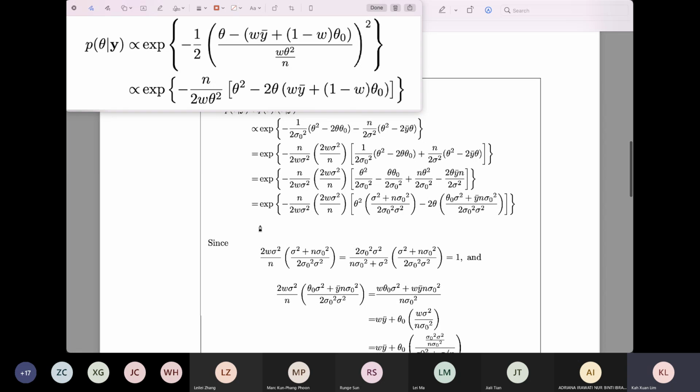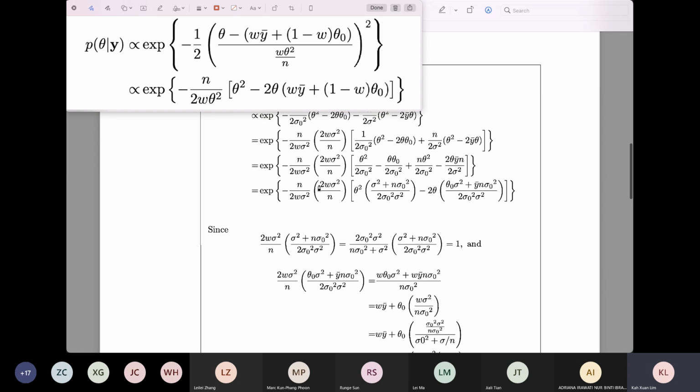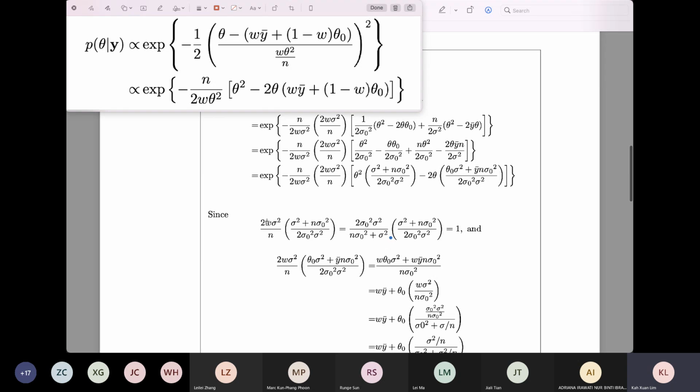After doing some algebra, if we multiply this term and this term together, we'll actually get 1. In the process, we'll need to expand the W. Then we can see that they will multiply to 1.